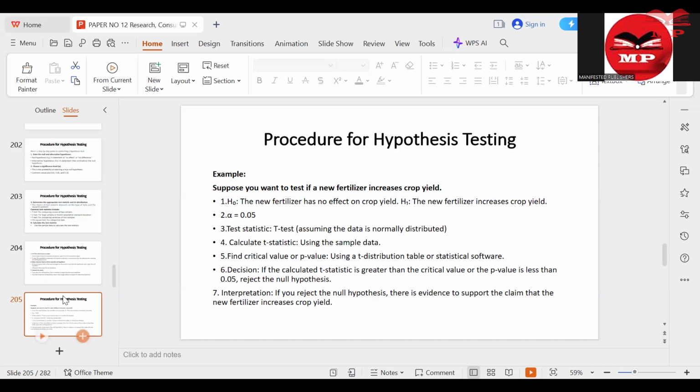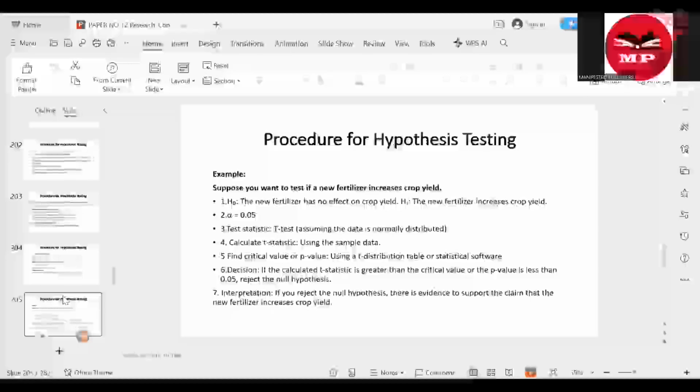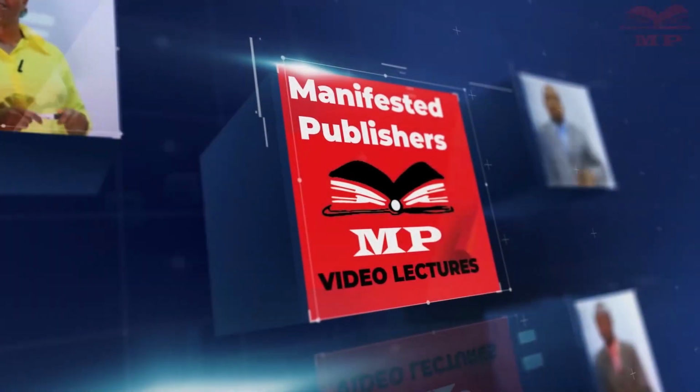In that case, we accept the alternative hypothesis. Then the researcher goes ahead in the interpretation to give corroboration with previous research, whether this is consistent with previous research or what the researcher proposes.